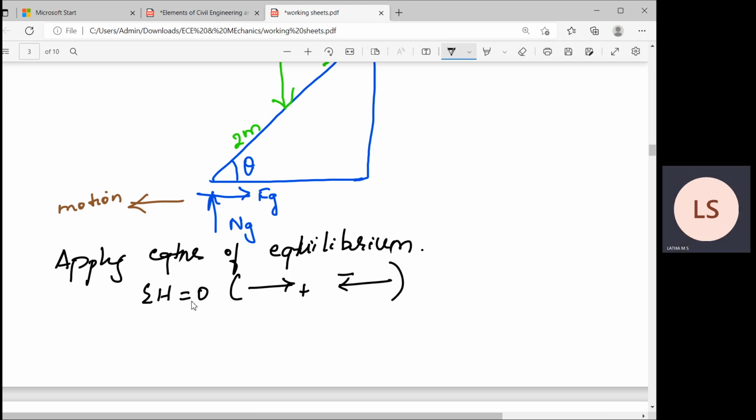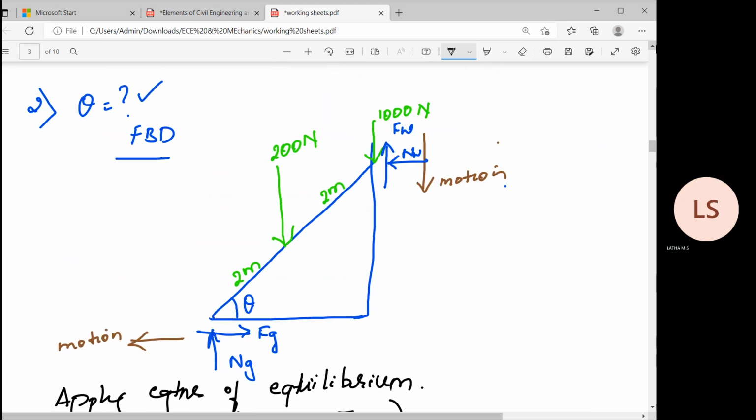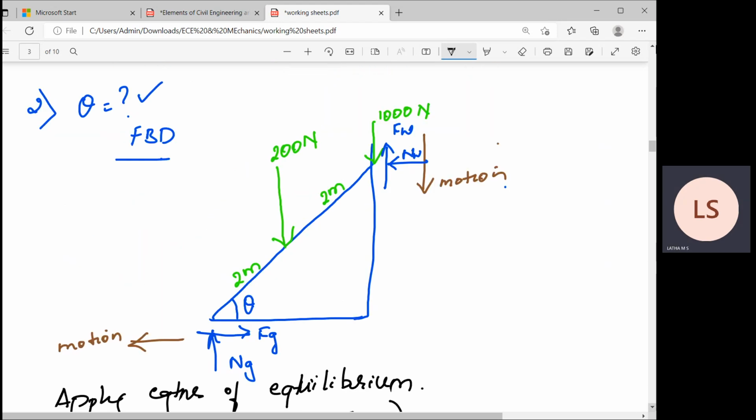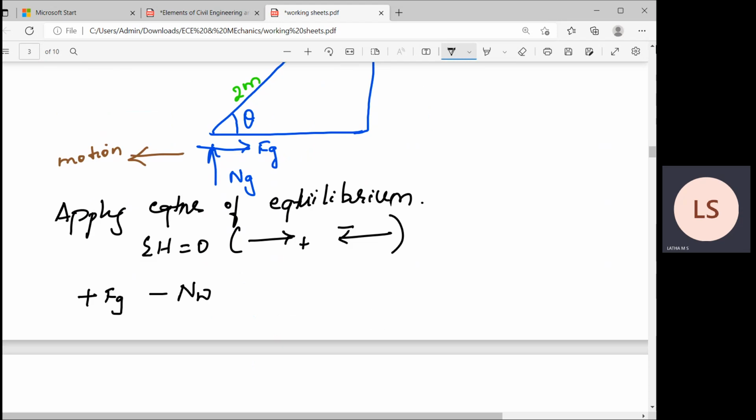So I'll take all the horizontal forces: plus FG, then minus NW. Am I correct? Yes, minus NW. Is there any other force? No, so it is equal to 0. FG, I can write as mu G into NG, minus NW equal to 0.